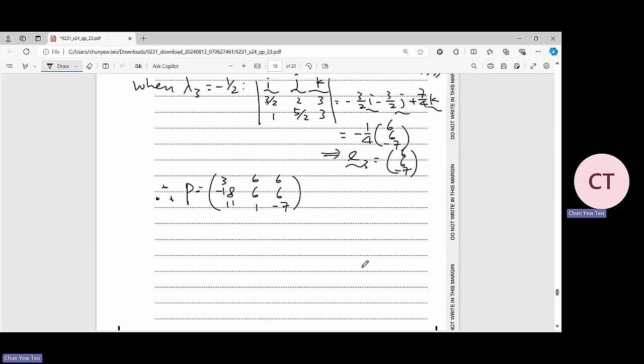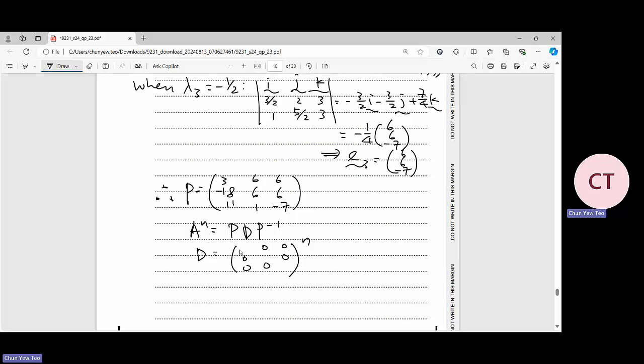Okay, my matrix P. And I need to find the diagonal matrix. The information given is A power n is equal to P D P inverse. So D is actually the diagonal matrix with power n. The diagonal matrix has 0s off the diagonal.